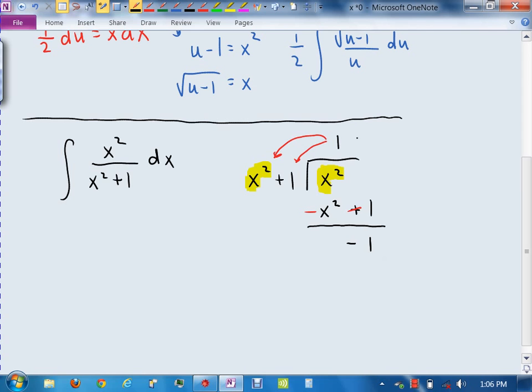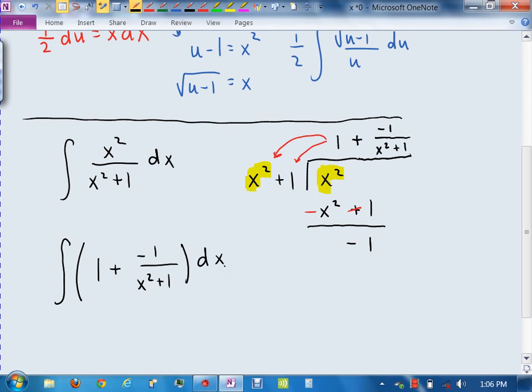So up where my division box is, I can say plus my remainder, negative 1, over the divisor, which is x squared plus 1. That means this integral becomes the integral of 1 plus negative 1 over x squared plus 1 dx. Can you integrate each of those term by term? Do you know what the antiderivative of 1 is? Just x.